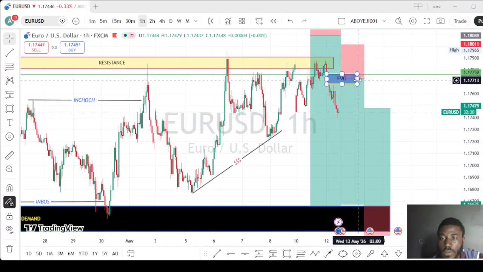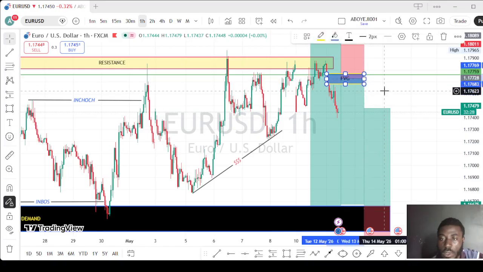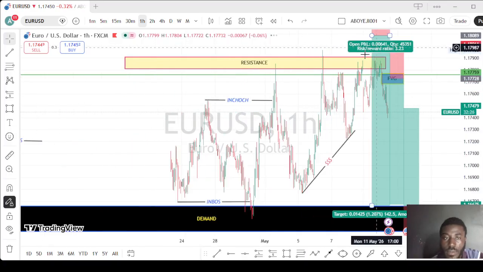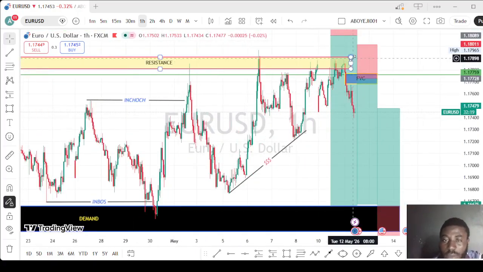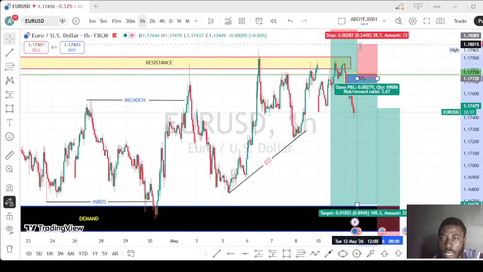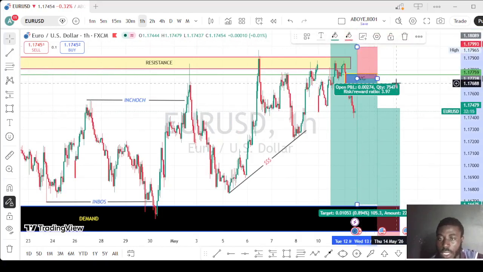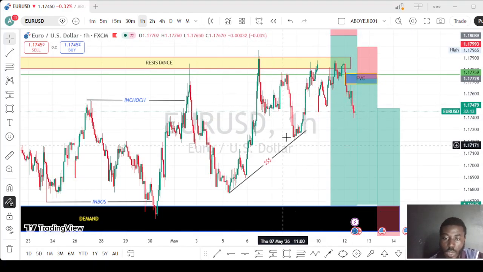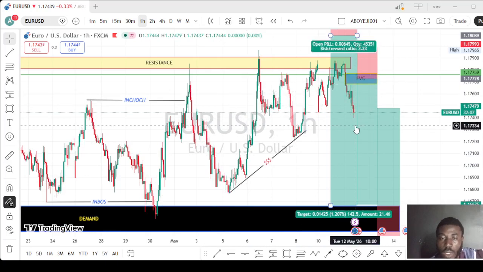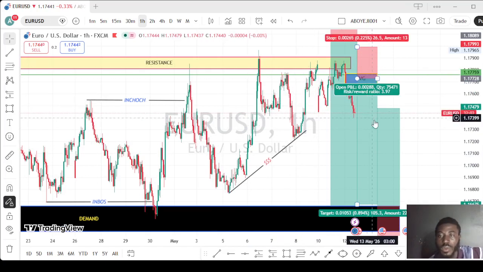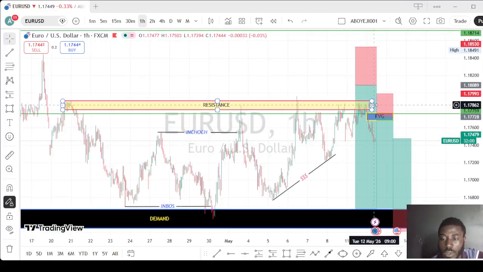Let's see what this FVG is going to give us. So this is a liquidity place. Maybe the market is going down again. This FVG. So we are expecting all this one are liquidity space. So liquidity needs to be swept, because there's this FVG before you can see the uptrend. But we don't know what the market is doing now. Seriously, we don't know what the market is doing now.